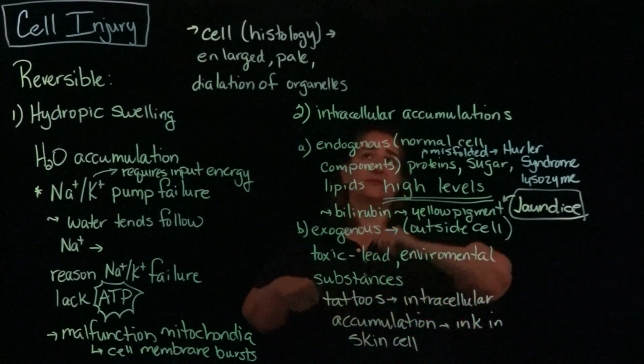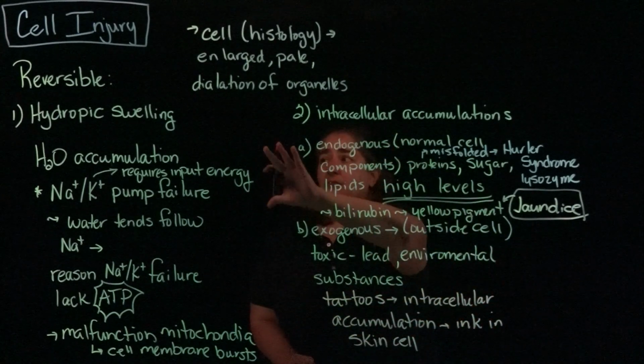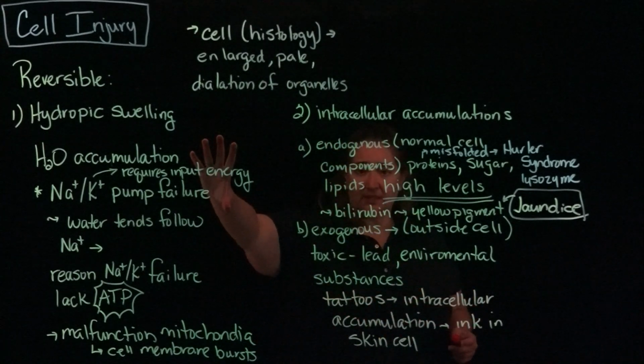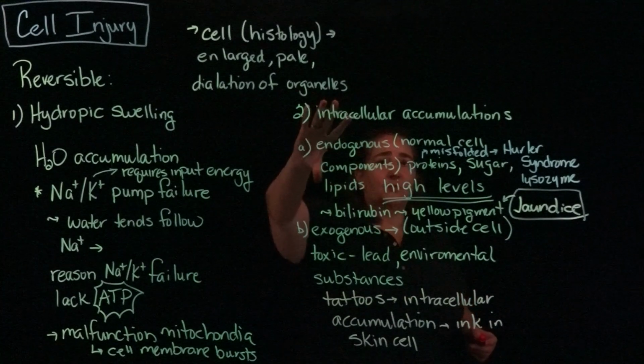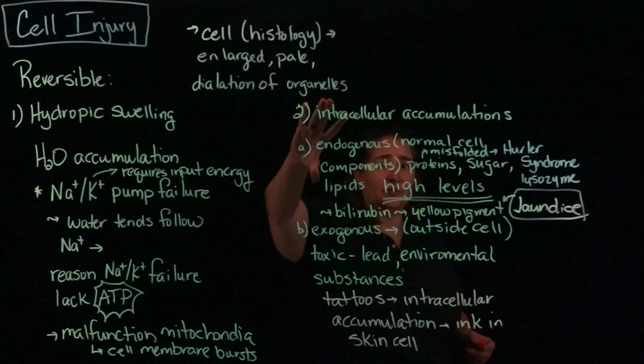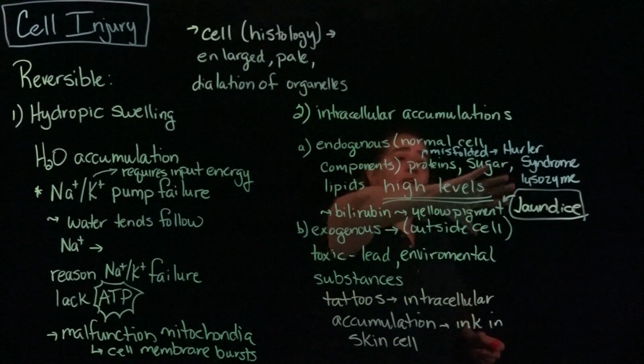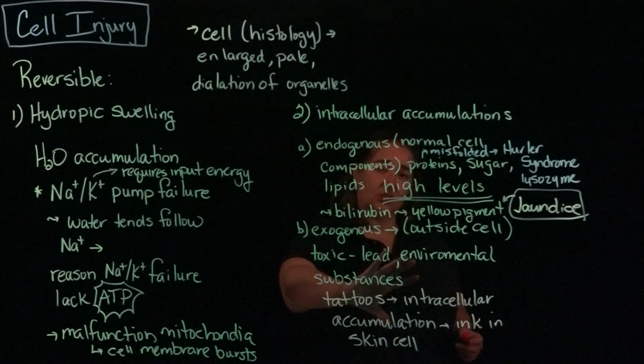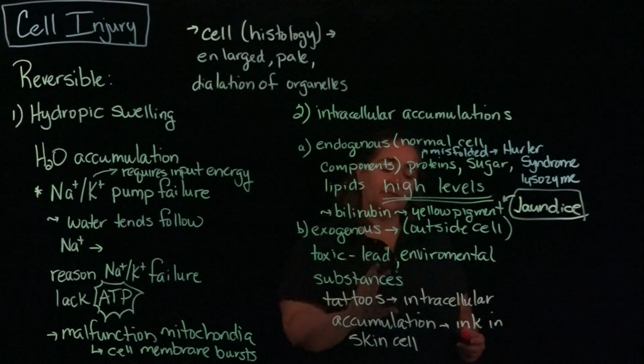Now, if it's reversible, we're talking about the water imbalance gets corrected. If it's reversible with intracellular accumulations, you're talking about restoring whatever is out of whack, either with the endogenous or exogenous accumulation.